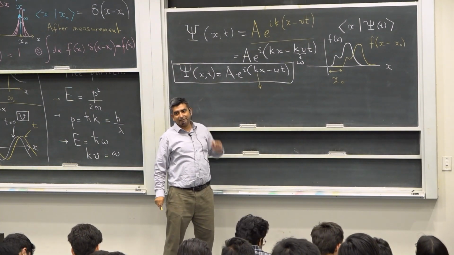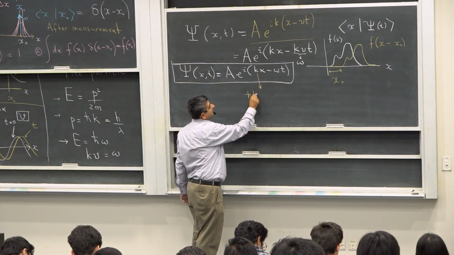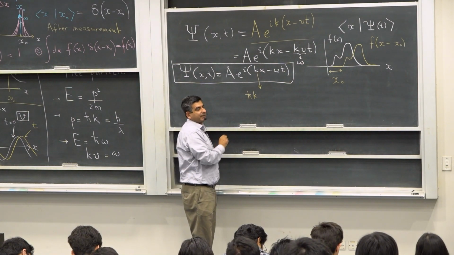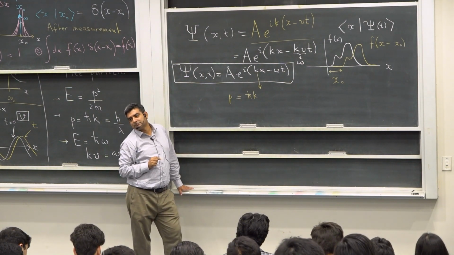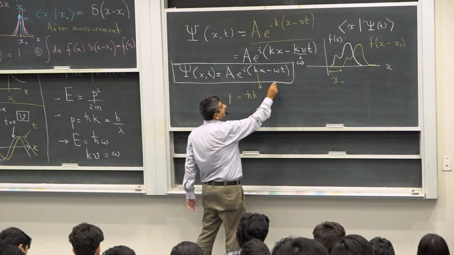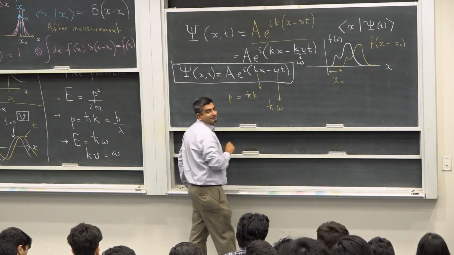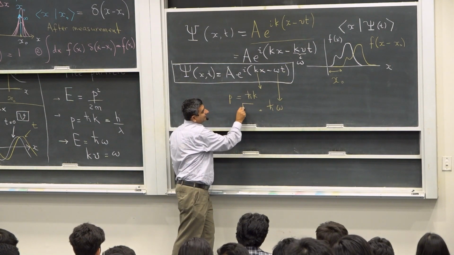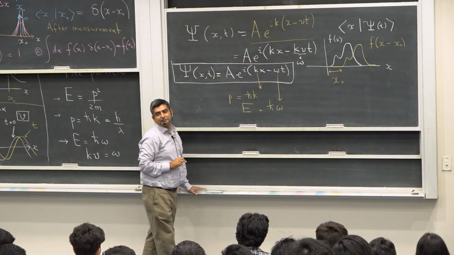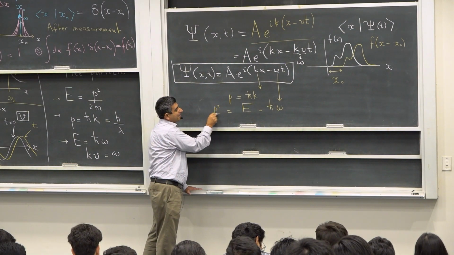If I take this k, the wave number, and multiply it with h bar, I get the momentum p. If I take this omega and multiply it with h bar, what do I get? Energy. That energy is also equal to p squared over 2m.